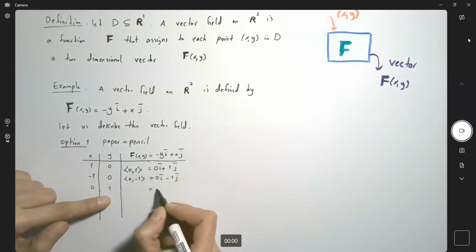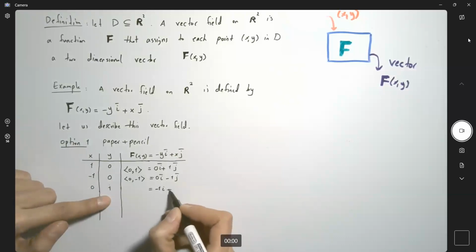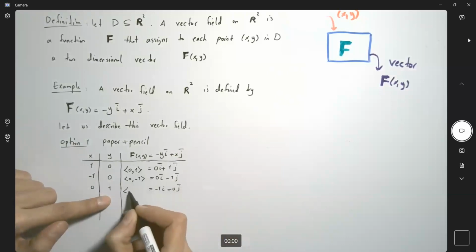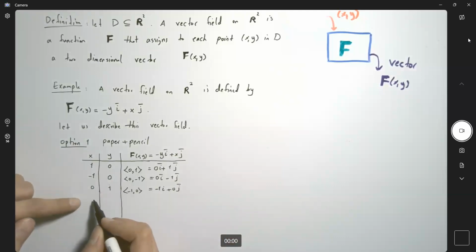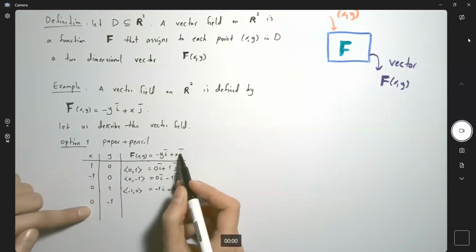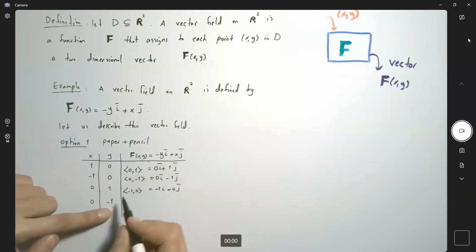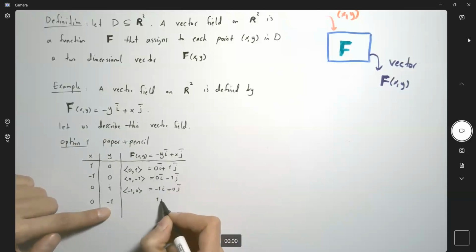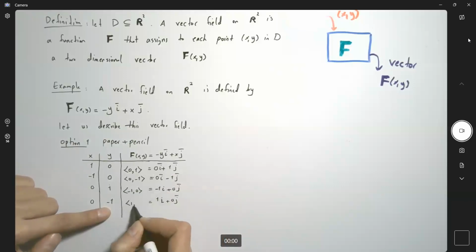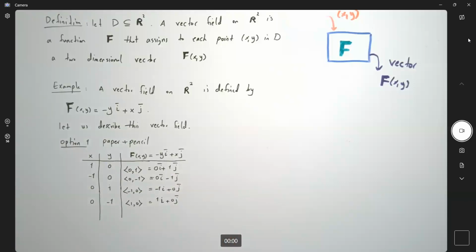Here it becomes -1i plus 0j, or -1 and 0. You can plug in, for example, 0 and -1. 0 is your x, -1 is your y. So this becomes negative times negative, which is positive, 1i plus 0j, or 1 and 0. Again, if you have time, continue this process.